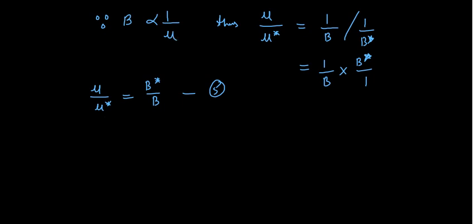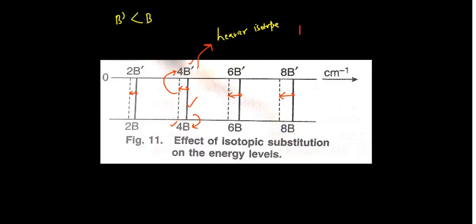So this actually reflects in your graph also. That's why this B dash is having the lower value. So this is how we can prove this thing. This is something very important. So B star or the B dash would always have the lower value than the B when you substitute the isotope.